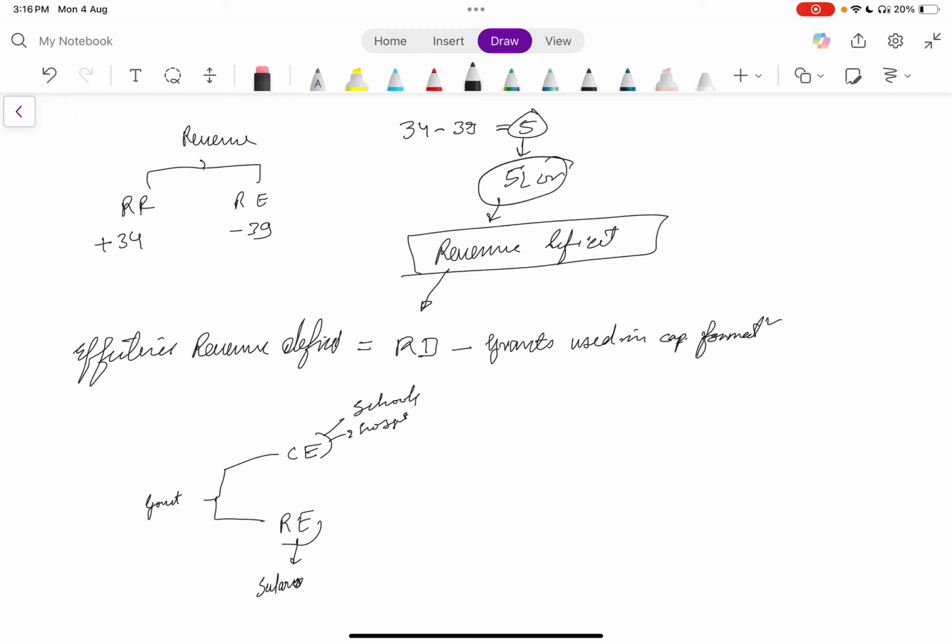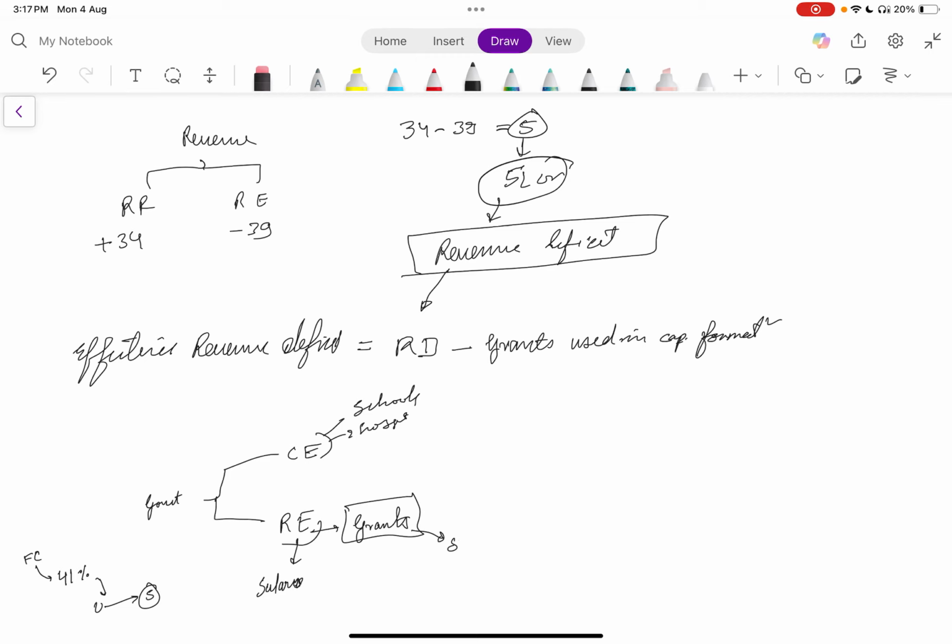There is a component of grants given by the center to the states. There is a finance commission and it recommends that a certain amount, 41% of this, should be given to states in the form of grants. So the union gives some amount of money to the states in the form of grants. Now these grants come under the revenue expenditure of the government.